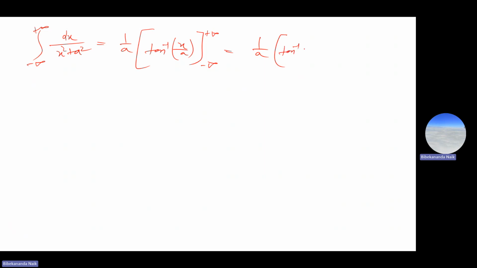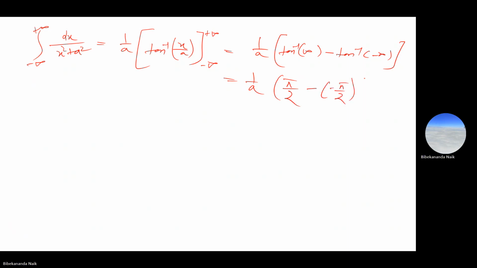Tan inverse infinity is pi by 2, and minus of minus pi by 2 adds another pi by 2. So it will be 1 by a into pi, that is pi by a. So the value of this integration we found to be pi by a.